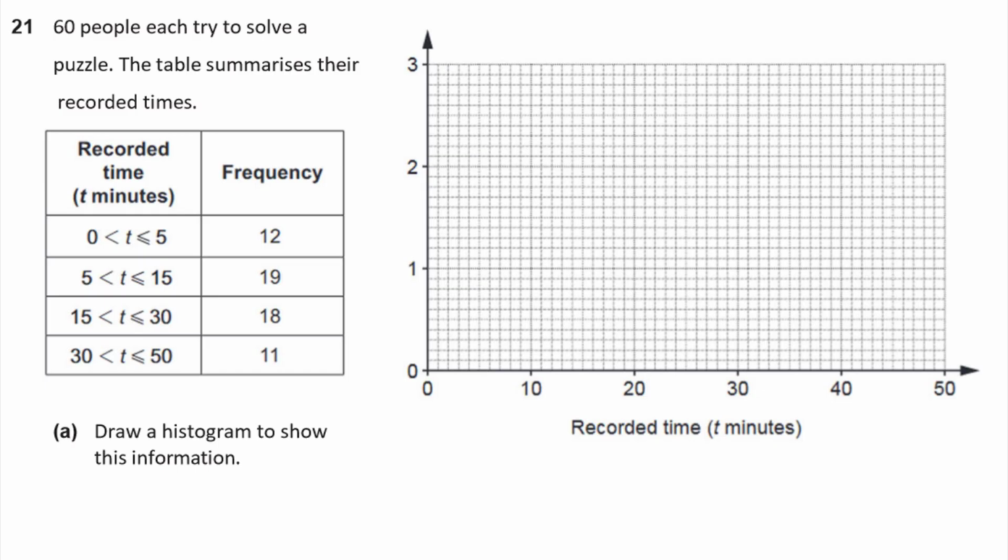Okay. Now, a histogram has frequency density on its axis. So we need to work out what the frequency density is for each of these first. So I'm just going to add an extra column to my table called frequency density. Now, frequency density is equal to frequency divided by class width.